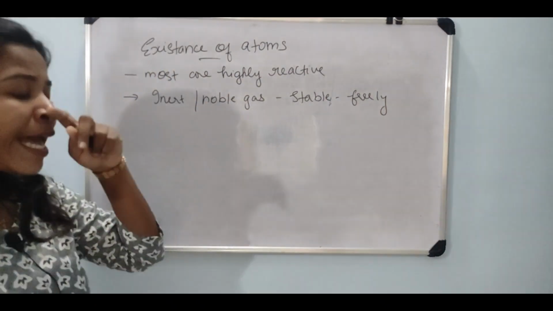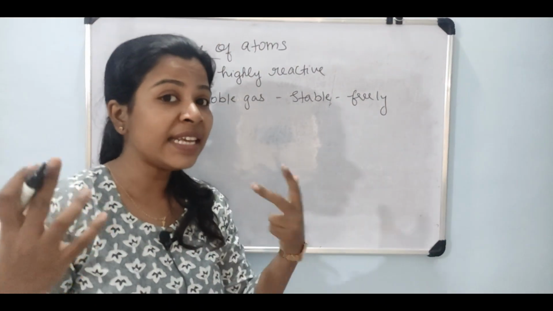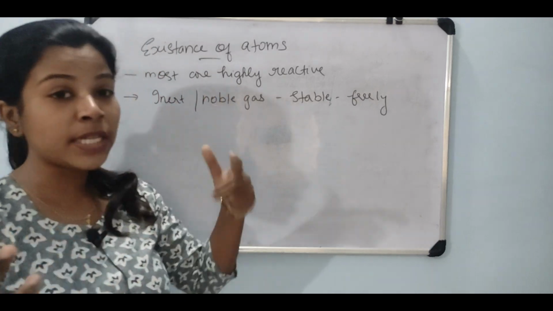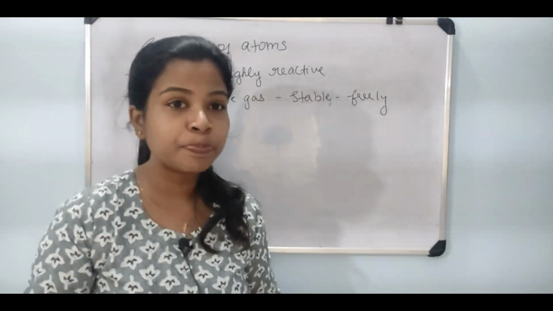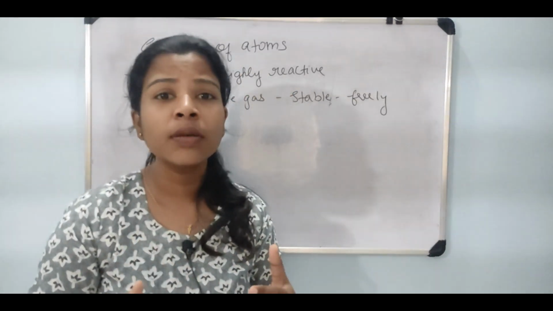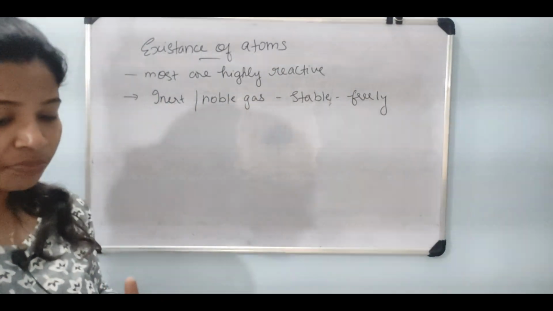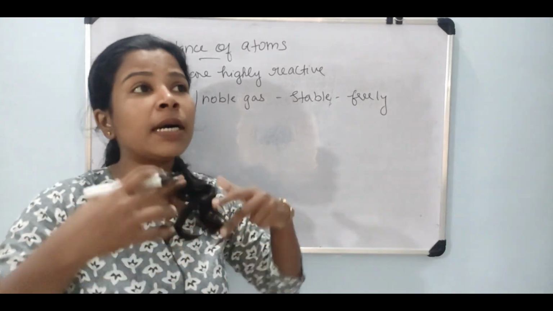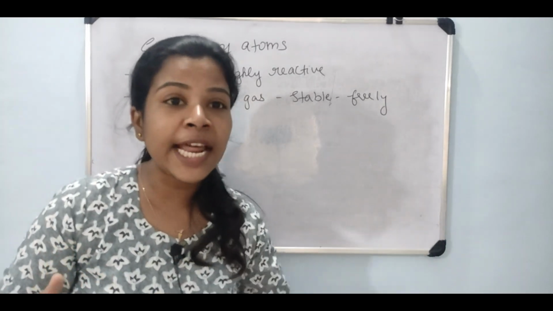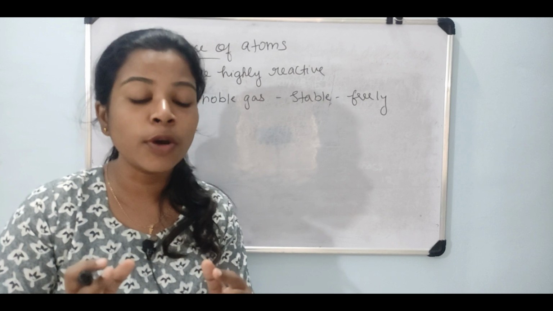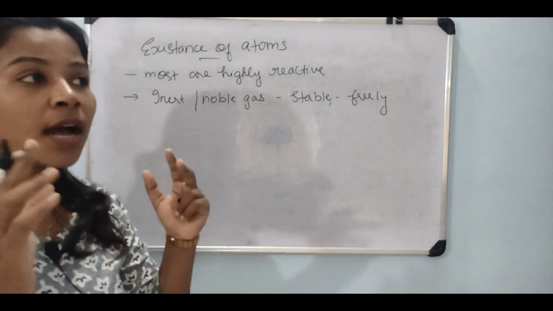So all those elements which are highly reactive, what do they do? They will undergo chemical reactions to attain stability. Which means they will combine with other atoms to form molecules or ions.